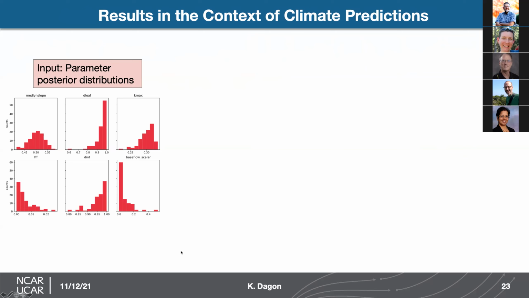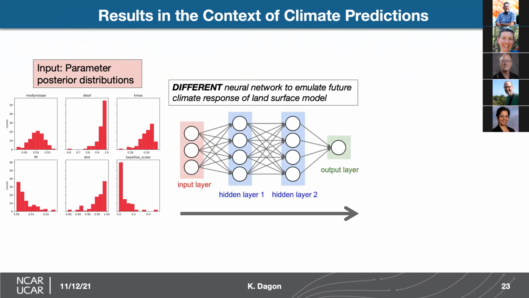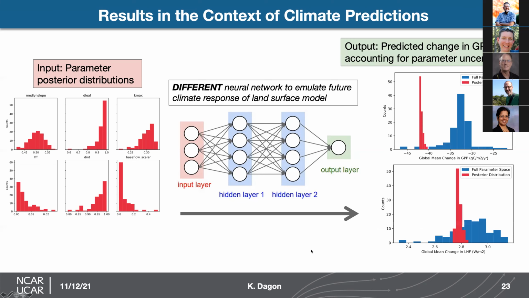And then something that I'm thinking about is how to put these results in the context of the climate predictions, like what I showed at the beginning. So one thing that I've done is I've trained a different neural network to emulate the future climate response of the land surface model, just in a very idealistic sense, like just plus 2K warming everywhere in land-only simulations. But what we can do is run those parameter posterior distributions through that emulator.